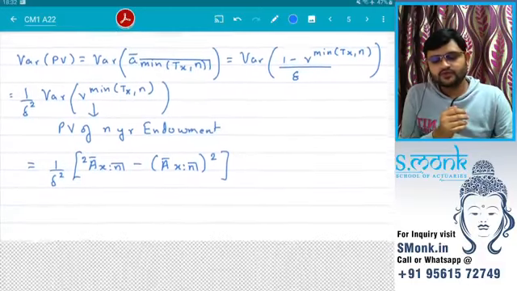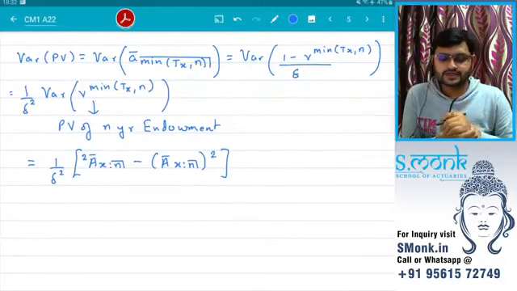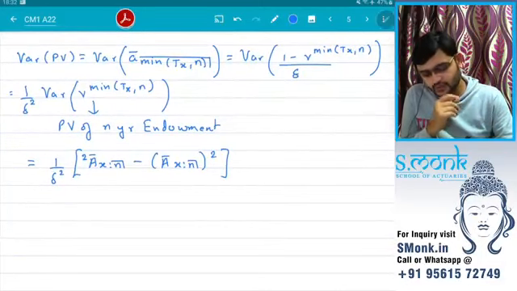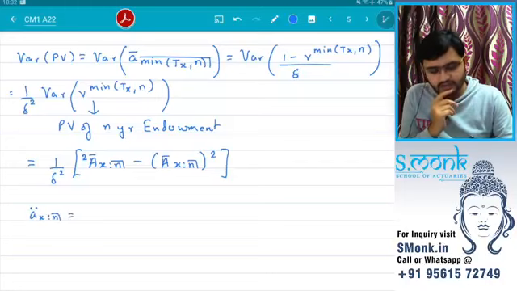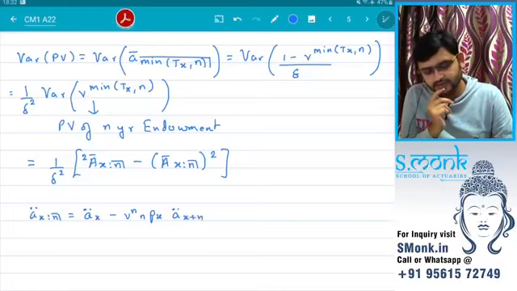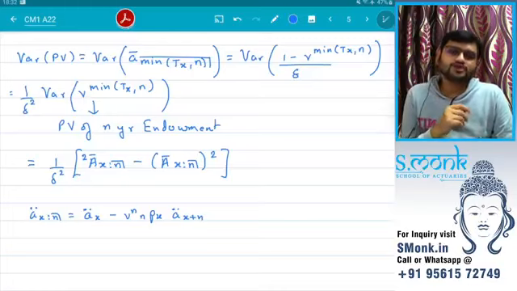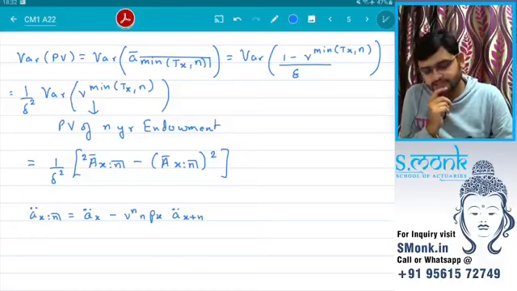Let's talk about how we would find these relationships. We know that a due xn can be written as a due x minus v raised to n, npx, a due x plus n, right? Now we can use the same logic for arrears as well as continuous.